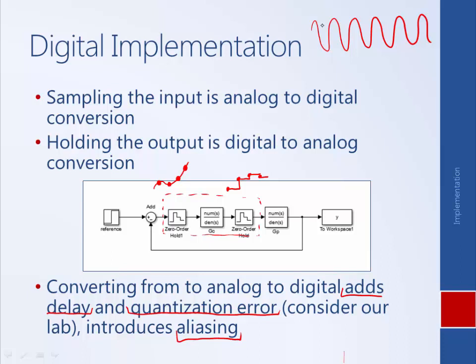If we don't sample fast enough and we try and reconstruct the underlying signal, we can get the impression that the underlying signal has a different frequency than it actually does. So a high frequency signal can get aliased down to a lower frequency. And so this is something that we need to be careful about, especially when we're dealing with very fast dynamics, very high frequency dynamics.